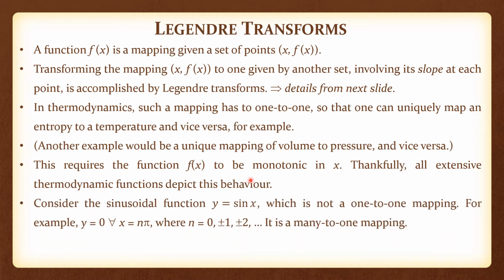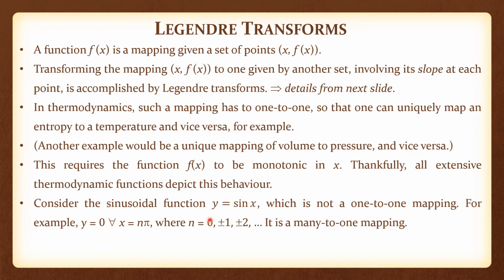Consider a sinusoidal function. This is basically a contrary example. This is not a one-to-one mapping. So we are looking at y equal to f of x equal to sin x, right? This is not a one-to-one mapping, because if you put y equal to 0, sin 0 is 0, but that is not only for x equal to 0.